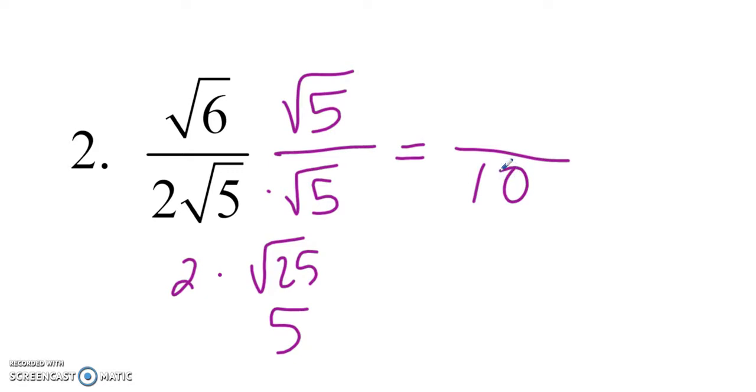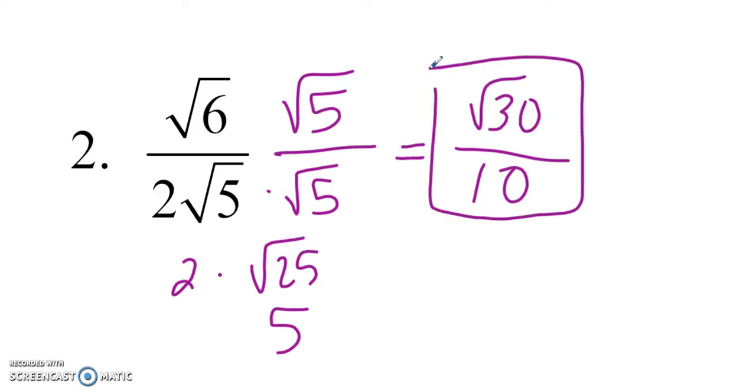On the top, it would be square root of 6 times square root of 5, which is square root of 30, and then that is basically a great answer. You should check if square root of 30, because it's a radical, and you now multiplied to get there, that if it could be broken down. But 6 and 5, 3 and 2, there's no pairs, so 30 doesn't break down, and the square root of 30 over 10 is our answer.